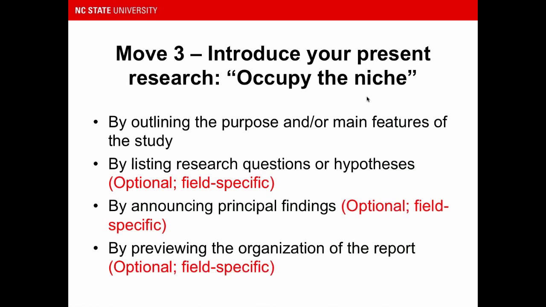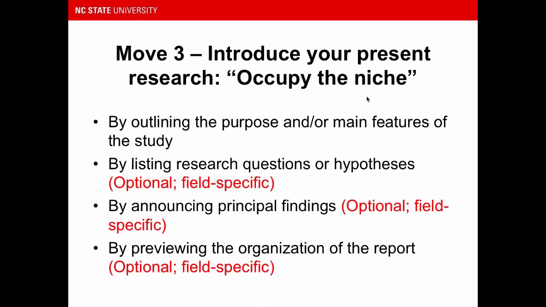And then depending on your field or depending on the journal, you do a few other things as well. So you could be listing your specific research questions or hypotheses. You could be announcing your principal findings, or you could preview the organization of the report that is to follow.